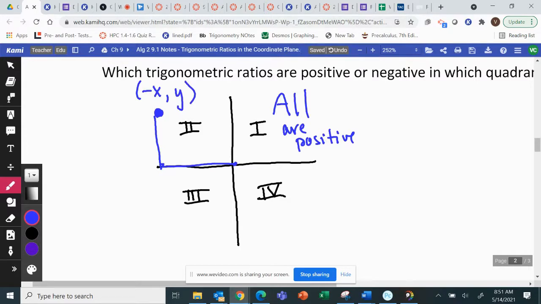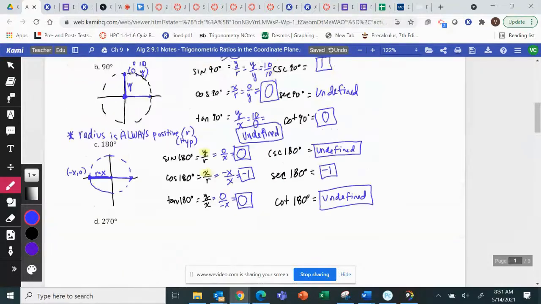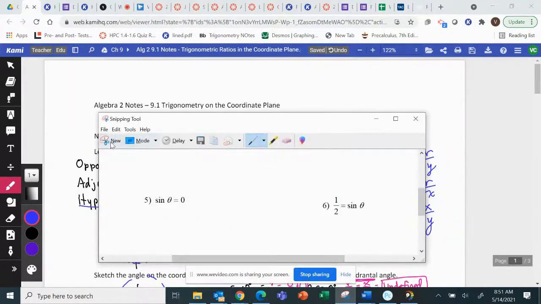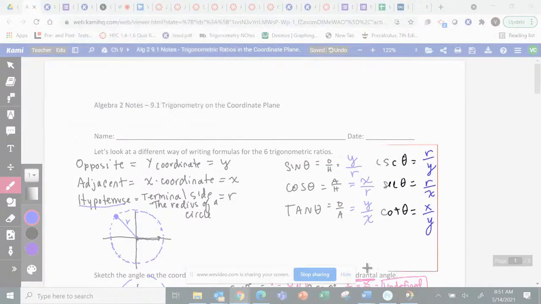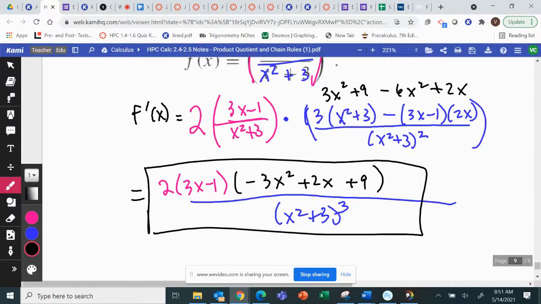So when I go and I look at my list, maybe I should copy this list so I don't have to keep going up and back and forth. Let me copy this list real fast.